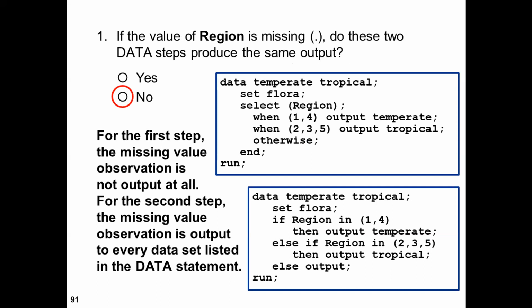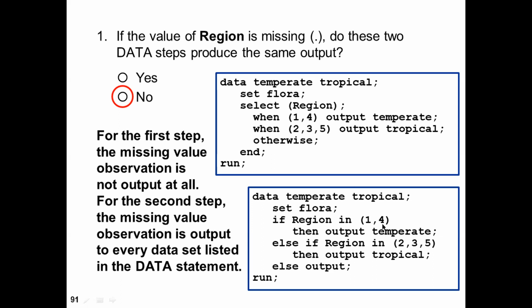it will come. Yes, that's what it's telling: if the value of region is missing, do these two data steps produce the same output? So the answer is no, because here with temperate you will get only 1 and 2 values for region, whereas for tropical you will get 3, 2 and 5 observation region values.